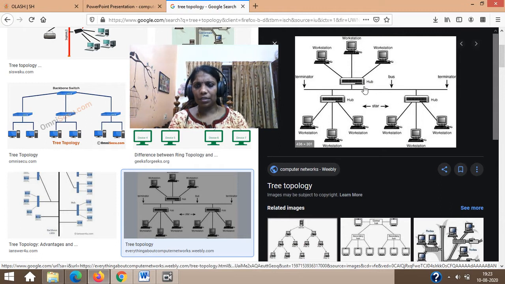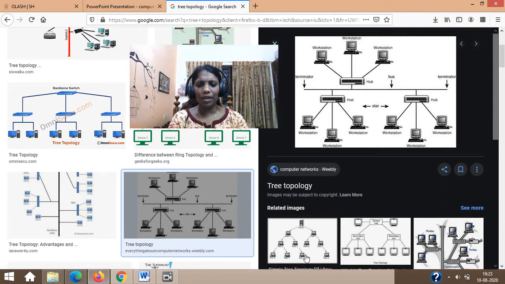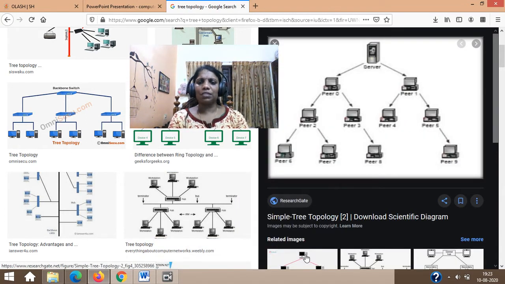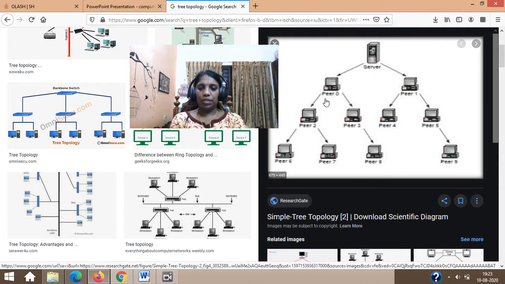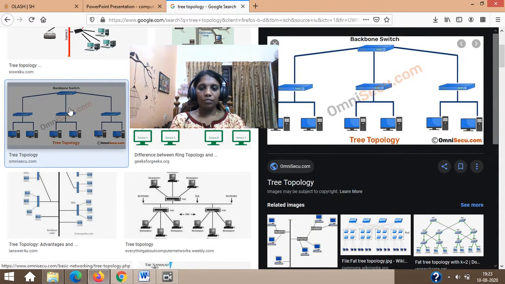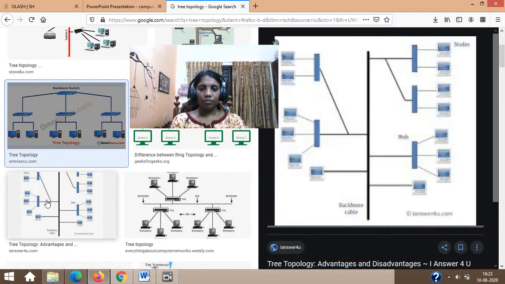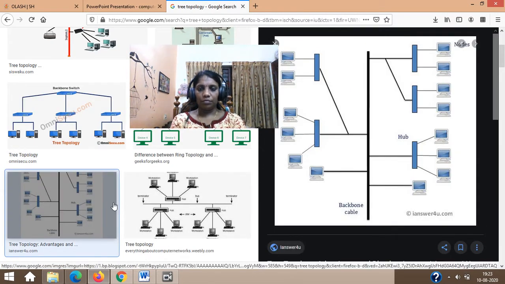This looks like another tree style. Tree, and this a bus, and all connected. See, so many ways are there. So many images if you want, you can show, but to put it in the tree styles, the bus is what you see shown here, or this is what I prefer. So many things.